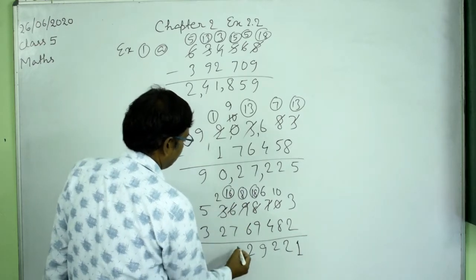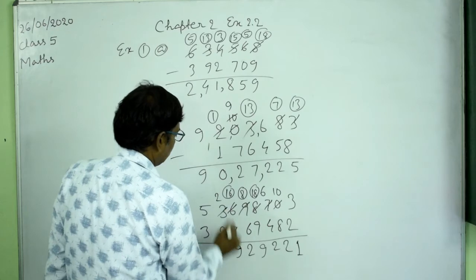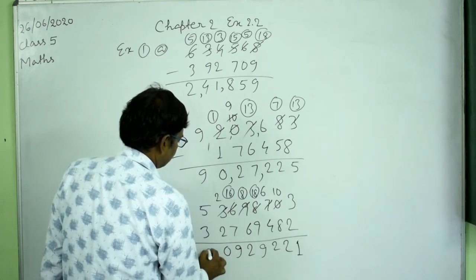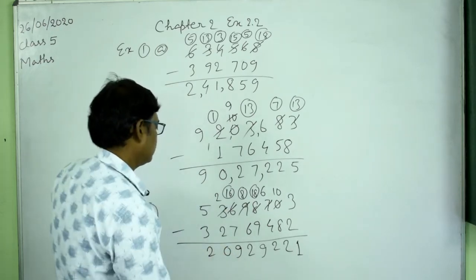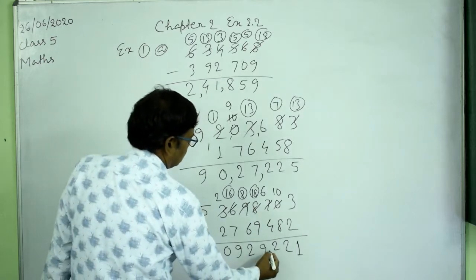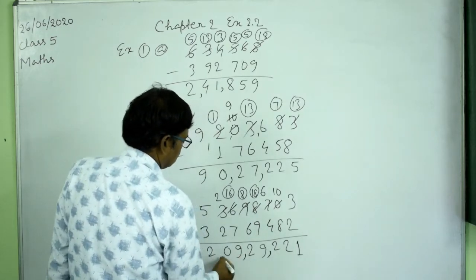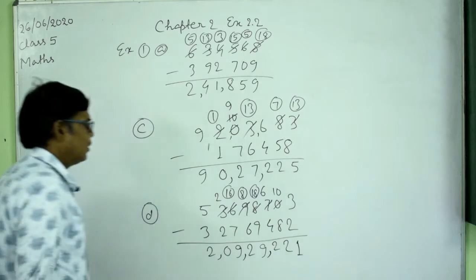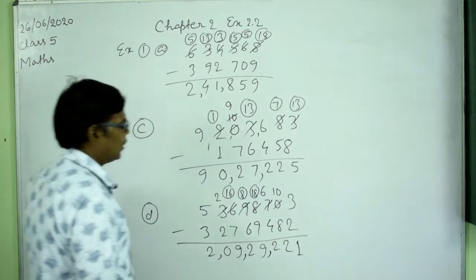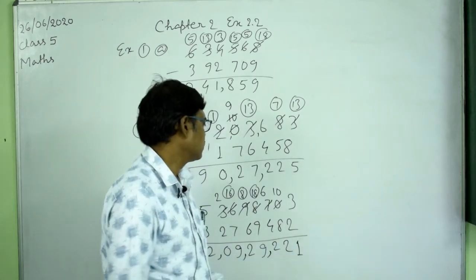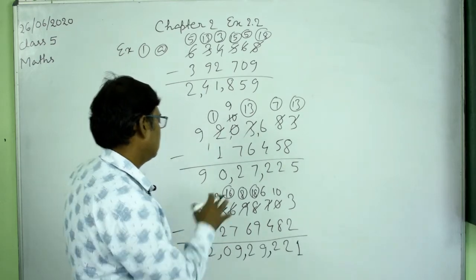Now 16 minus 7 will be 9, and 2 minus 2 is 0, and 5 minus 3 is 2. So this is the answer. Now put the periods here. So that is 2 crore 9,29,221. So this is how you will subtract these two numbers.